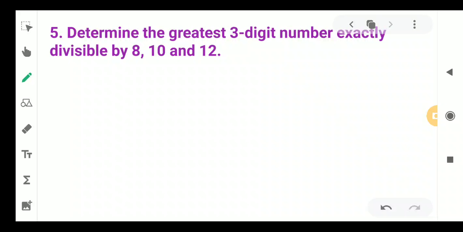Now moving on to the next question, determine the greatest 3-digit number exactly divisible by this. So here the same pattern we will follow. First we will find the LCM.